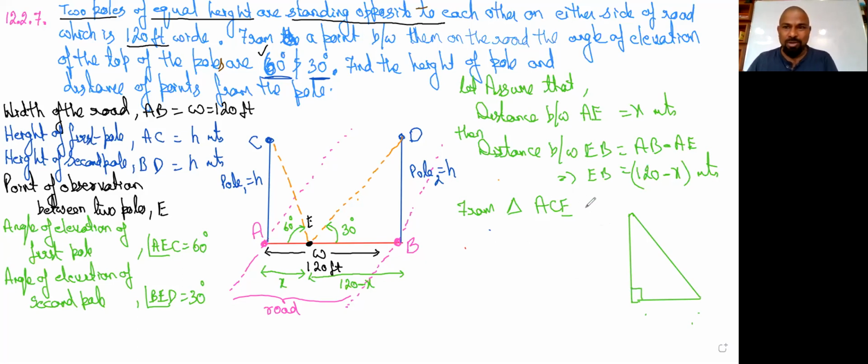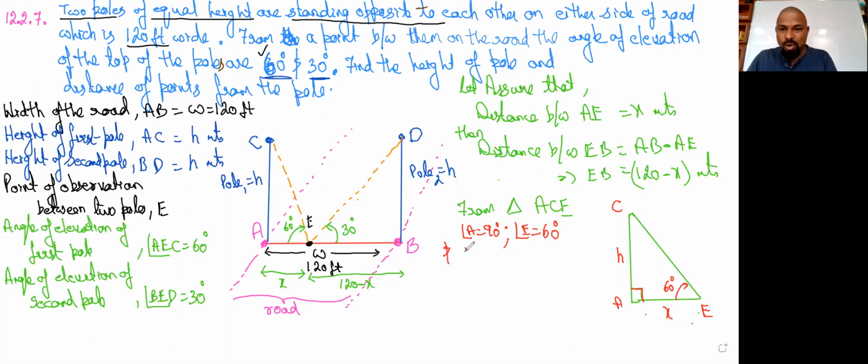Let's go for this one now. This is C, this is E, and this is A, and here it is 90 degrees. We all know it as h, and we took this as x, and the angle of elevation is nothing but 60 degrees. So in triangle ACE, angle A is equal to 90 degrees, and angle E is equal to 60 degrees, he has given.